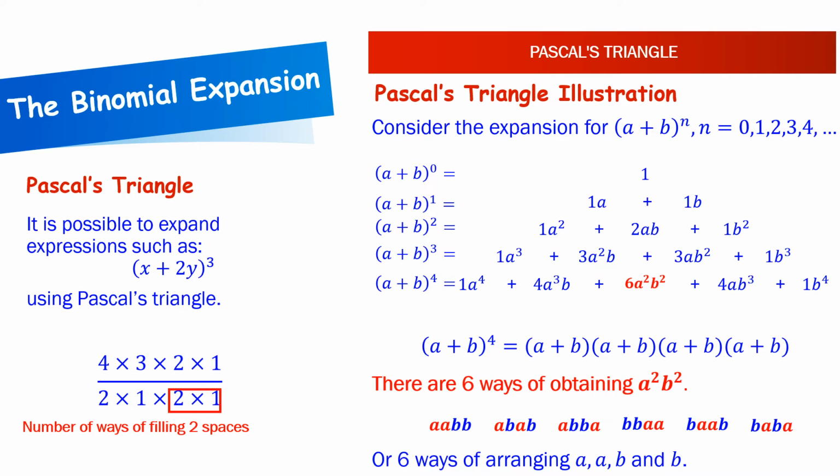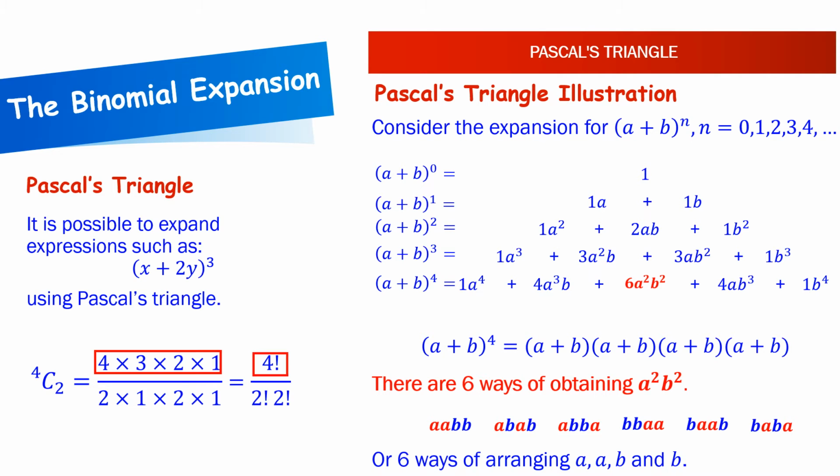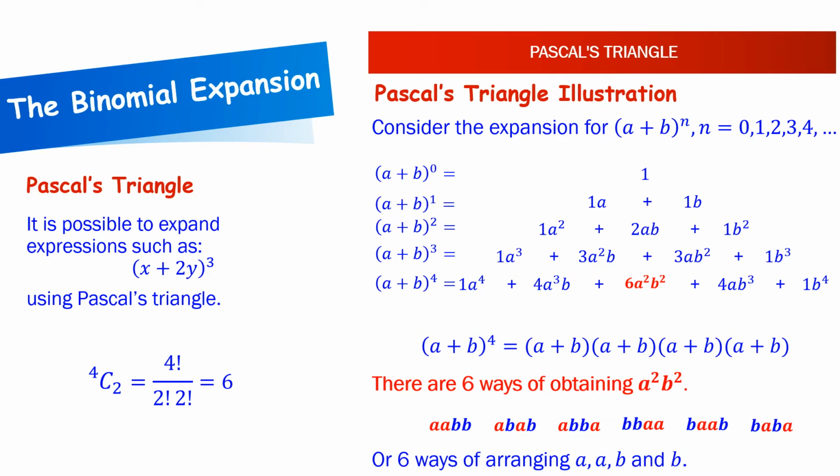And the number of ways of filling 2 spaces here is 2 times 1 also, because we're considering 2 A's and 2 B's. So we have that 4 times 3 times 2 times 1 all over 2 times 1 times 2 times 1 is the number of ways of obtaining a squared b squared. We can write this as 4 factorial over 2 factorial times 2 factorial, or 4 choose 2. And this of course gives us 6.